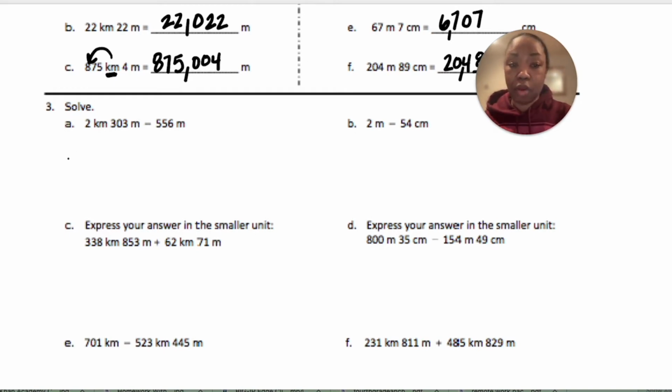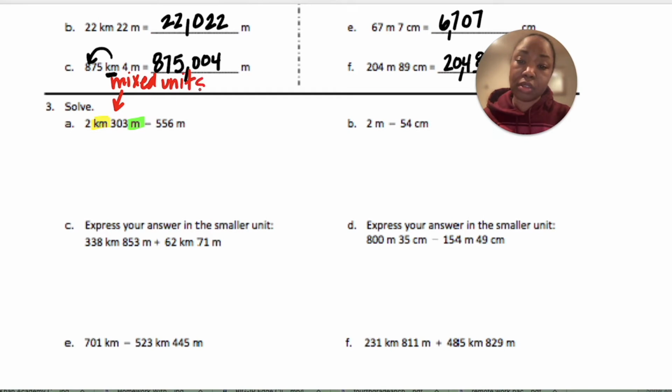I'm going to use an algorithm to solve this because I can't do this in my head. I'm going to turn this value, these mixed units, right? This is mixed because it has kilometers and it has meters. It's a mix of units, right?